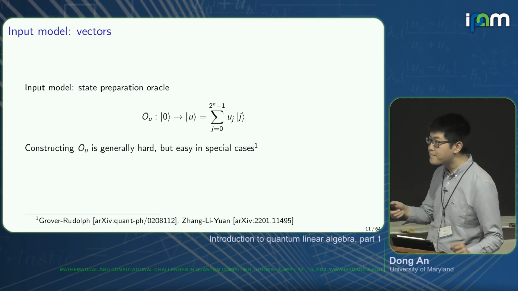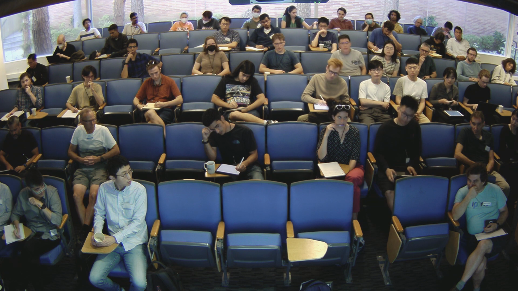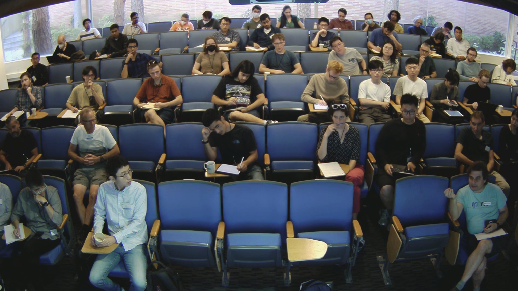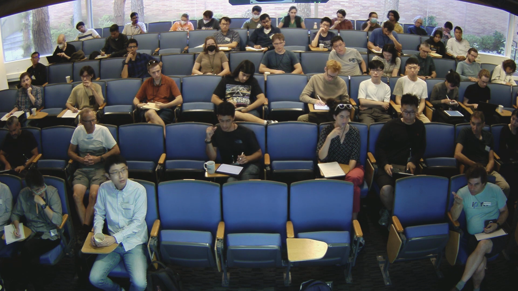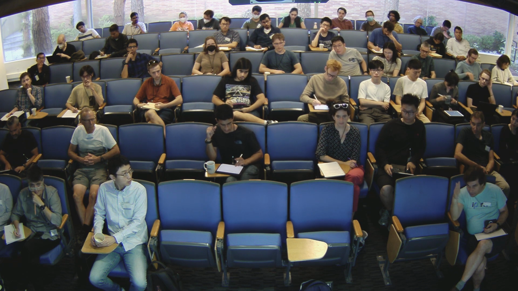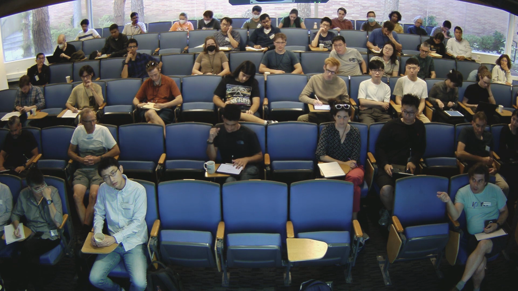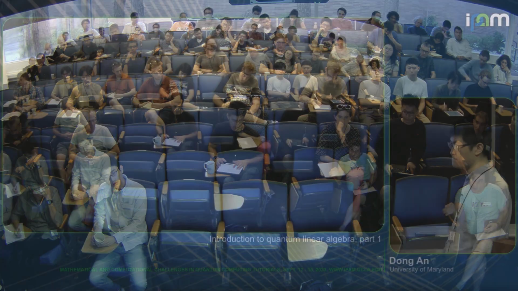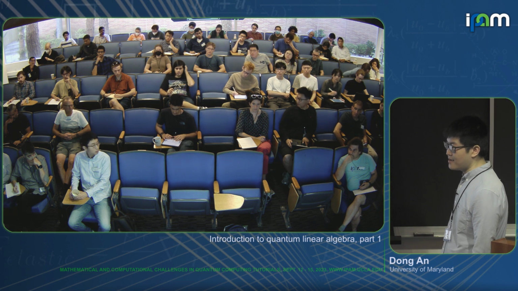Yeah. So when you say state preparation, what property does the output state have? Does it have the property that if you measure it, it gives you U_j with probability |U_j| squared? Yeah, that's right. Is that the only thing you require, or is it that you're actually close to that particular wave function? Is the phase important for you?